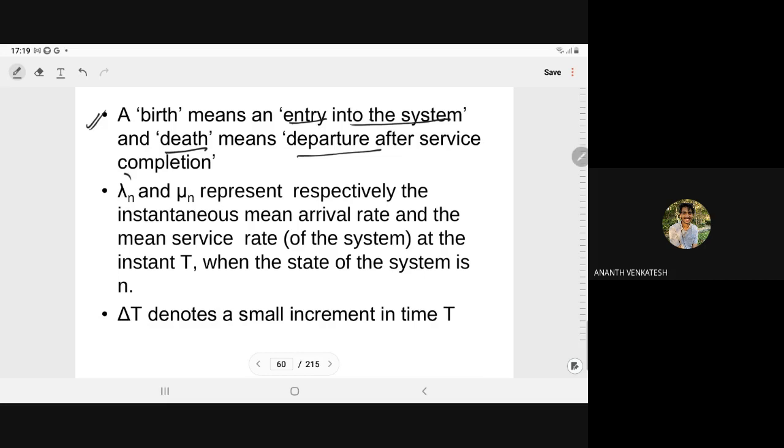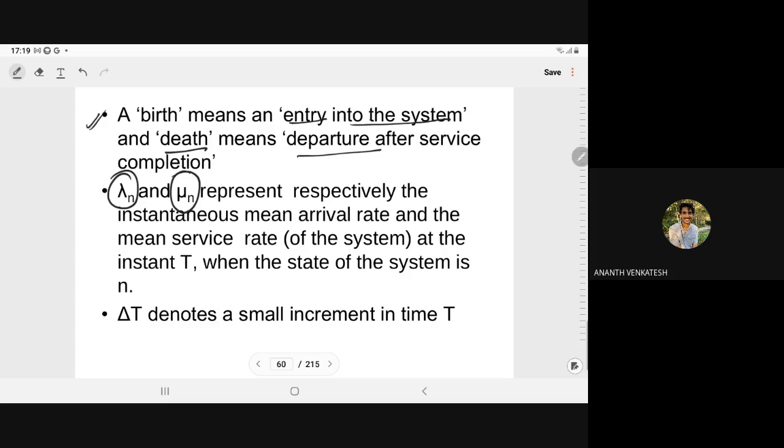And what are lambda n and mu n? Lambda n and mu n are the state dependent arrival rate and state dependent departure rate. What is the state? The state is the number of customers. Means the arrival or departure rates depend on how many customers we have in the system.